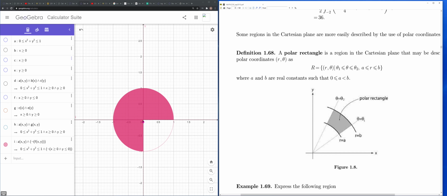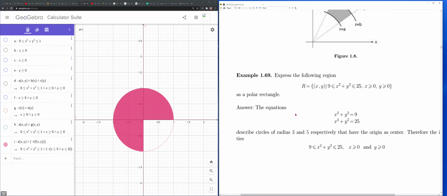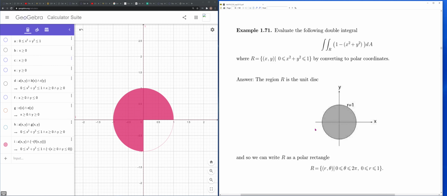When you hit 2 pi, the second line falls back on the x-axis and you end up picking up the entire disk. That explains why, for this disk, your angle would be 2 pi.